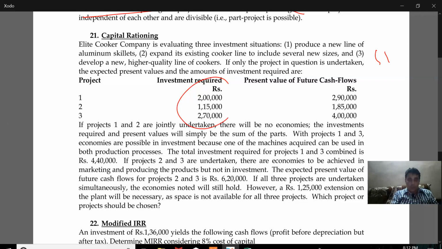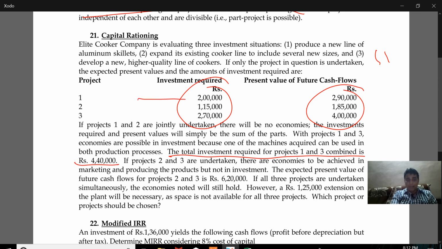So this is what you have to invest and this is what you will earn. If projects 1 and 2 are jointly undertaken, there will be no economies. The investment required and present value will be the sum of the parts. With 1 and 3, economies are possible in investment because one of the machines acquired can be used in both production processes. That is, if you do 1 and 3 together, you will have to invest only 4,40,000.